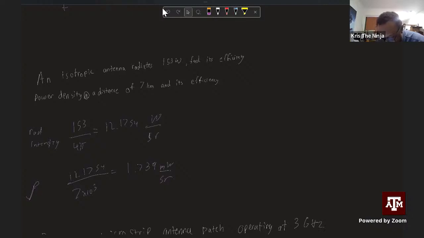So what is the measured radiation intensity in the direction of the main lobe? Assume that the 153 watts is in the main lobe.